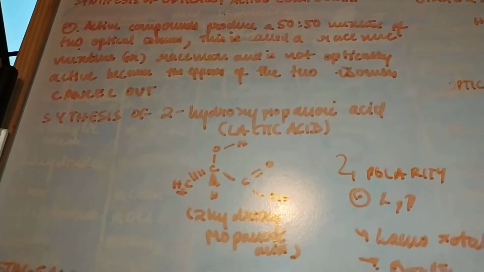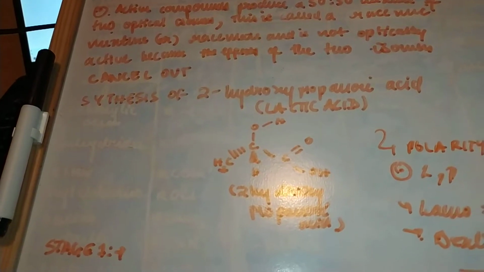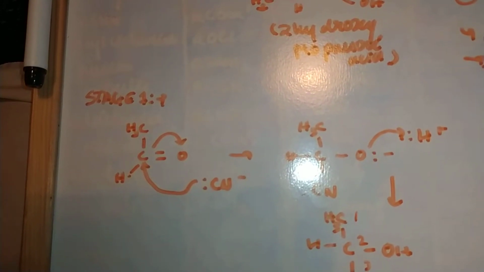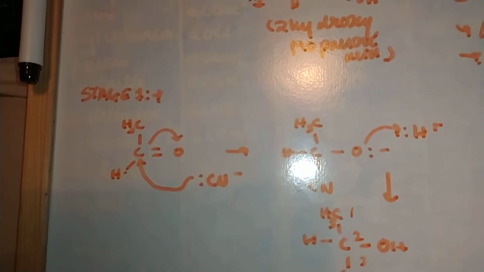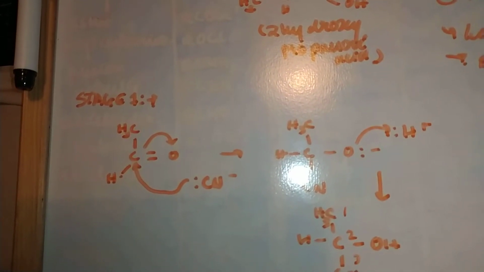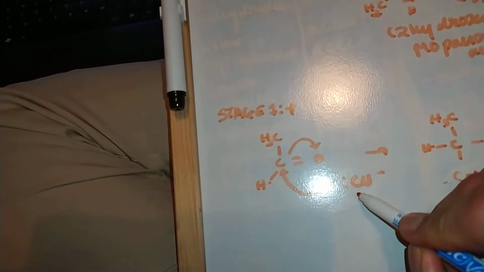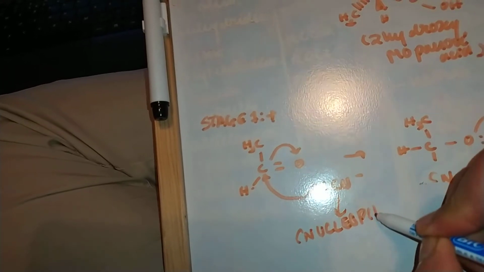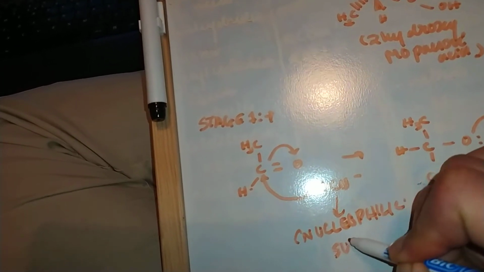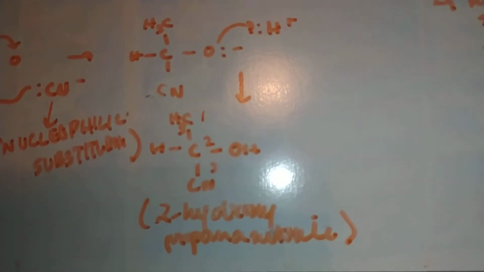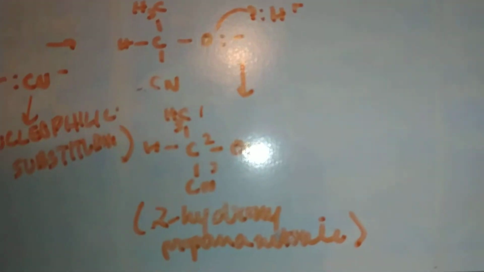So basically, we come now to the synthesis of 2-hydroxypropanoic acid, which is known as our lactic acid. Stage 1 is where our compound, ethanal, undergoes the process of nucleophilic addition, which leads to the formation of 2-hydroxypropanenitrile.